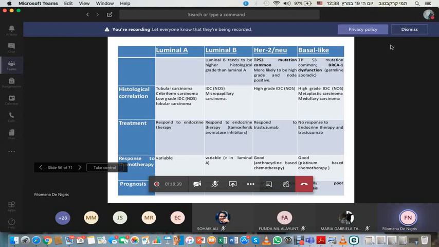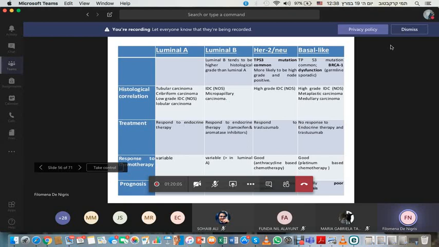Then we have HER2. They have also P53 mutation. All these patients also have positive nodes. They are high grade. They respond to antibody treatment against the HER2 receptor.